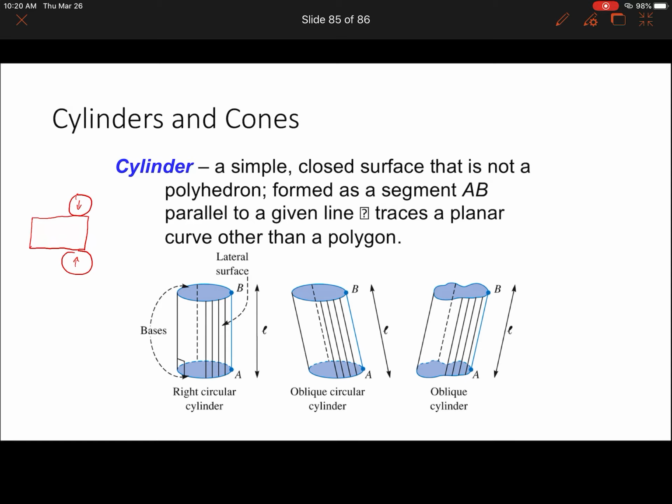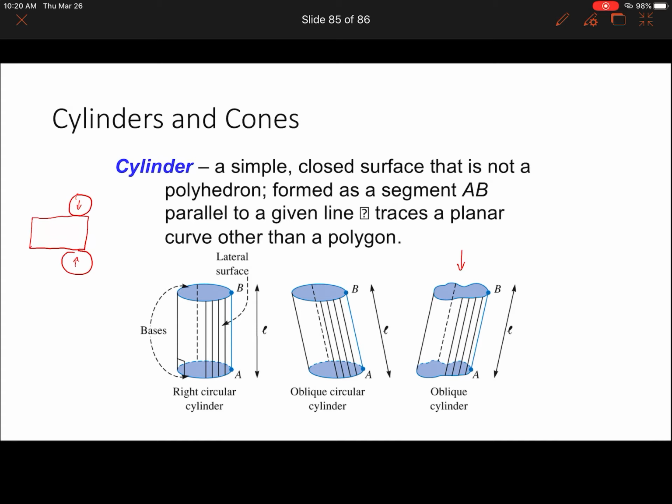We don't see this a ton in containers at the grocery store, but the top and the bottom are shifted over. They're not directly on top of each other. It's very similar to an oblique prism. We talked about a right prism where the top and bottom are directly on top of each other, and an oblique prism is where it's been shifted over. Same thing here with the cylinder.